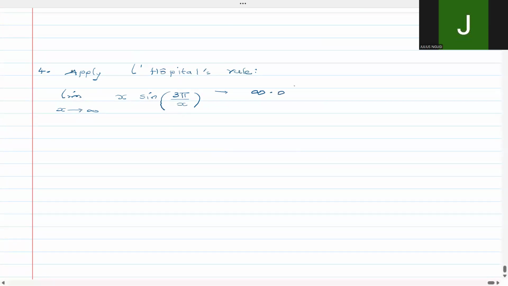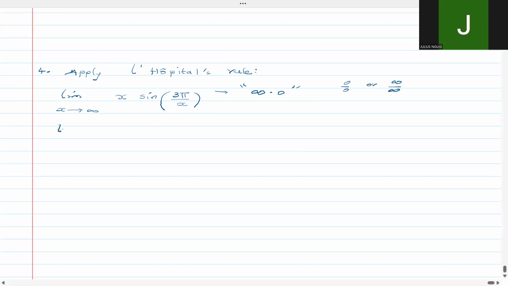So it's an indeterminate form of the type infinity times 0. So we have to perform an algebraic manipulation to have it in the form 0 over 0, or the one that I used for L'Hopital's rule, infinity over infinity.